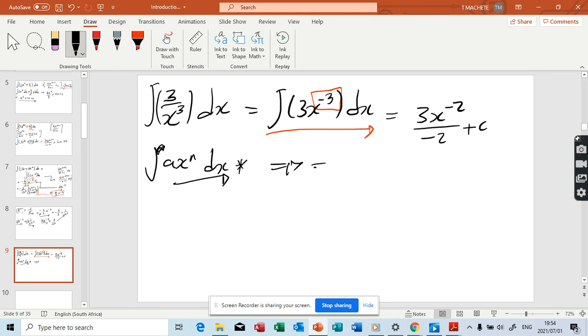What's your answer? Take it back to this. That's the standard form. You see this negative here? It's because of this negative. So take it back to a standard form, to a positive exponent.